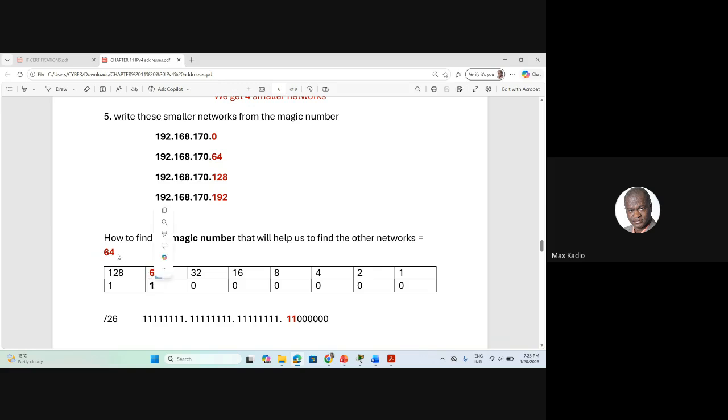It means your magic number will be 64. So 0 plus 64, I put it here. 64 plus 64 again, the magic number, plus 64. So everything will be plus 64, plus 64, plus 64. And then we found our 4 networks. So check that again. Take your time, and we continue.